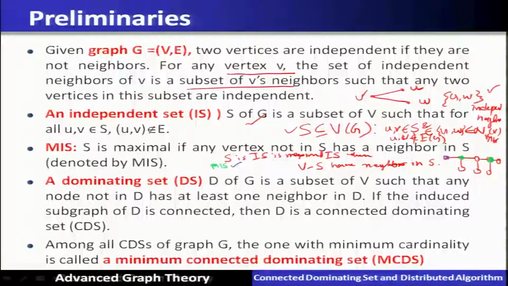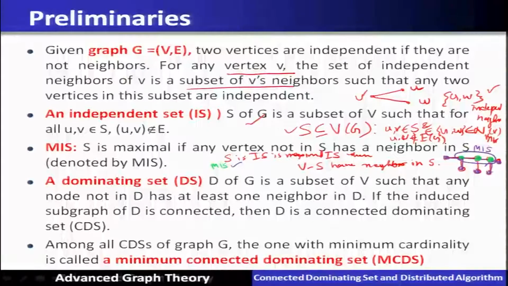For example, this node is a neighbor of both the elements in the independent set, and this node, this node and this node are also neighbors. So, these three vertices form an MIS.